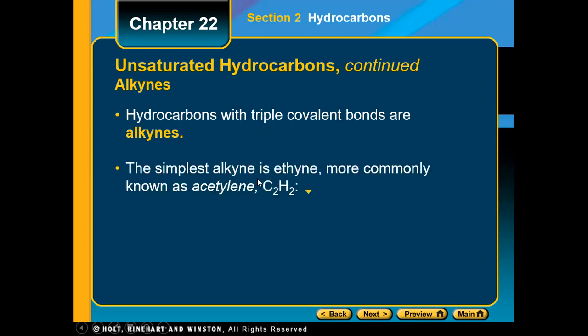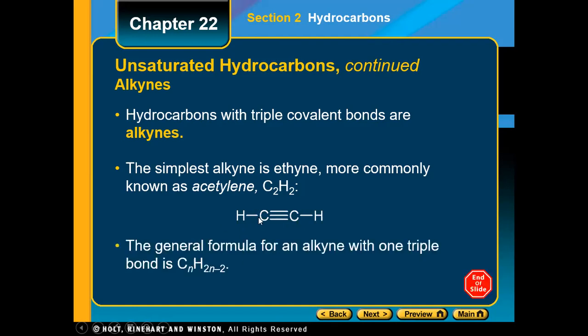Of course, the simplest one is ethyne, 2 carbons. These 2 carbons are attached by a triple bond in between them, just like this. And then they both have just 1 hydrogen atom. So notice that now the number of hydrogens decreases even more.